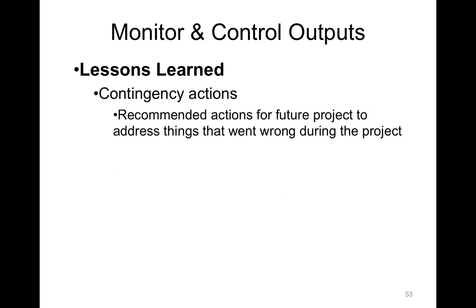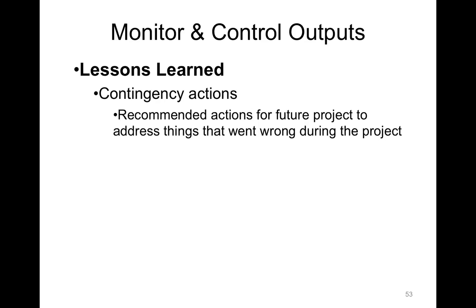So contingency actions, lessons learned: we can look at the recommended actions for future projects or future project managers to address things that went wrong or went right during the project. We want to capture the best practices for the future, and we also want to know what went wrong so that future project managers can implement better planning and better execution and monitoring and controlling.